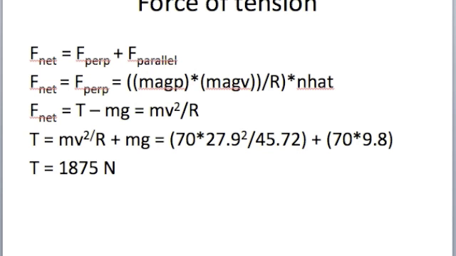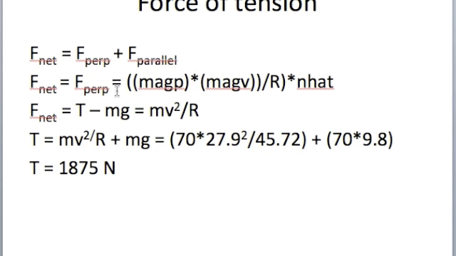Here we are calculating the tension at the bottom, where the tension is going to be the greatest, and also the velocity will be the greatest at the bottom. At the bottom, since there is no parallel force, we can say that F net equals F perpendicular.